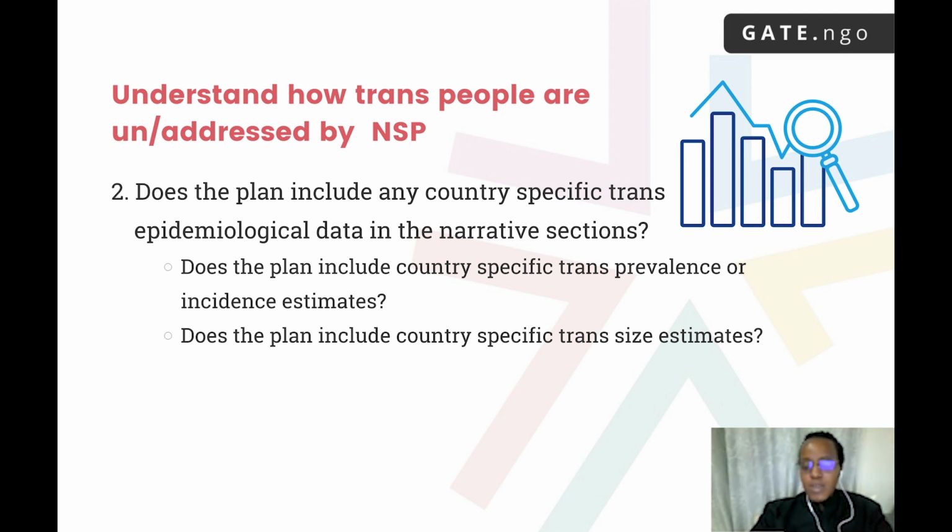So this is a really important section because it's often a point of frustration in our advocacy. And the great thing about getting inclusion around data collection in your NSP is that when the state is involved, they are more likely to accept the validity of the data, of course.